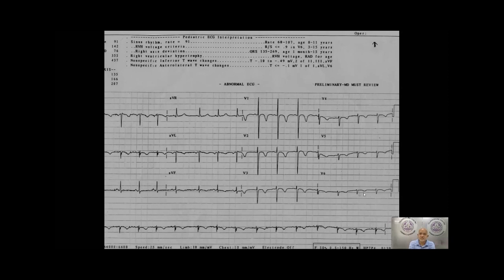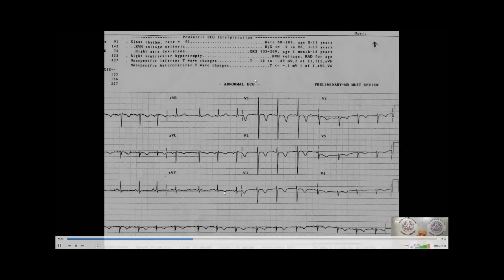This very strongly suggests that the patient's heart is positioned on the right side, and this is a typical ECG informing you that the heart is on the right side. Another clue to situs inversus is the P wave. P waves are inverted in lead 1 and aVL, which suggests situs inversus. This is a typical ECG of situs inversus dextrocardia.